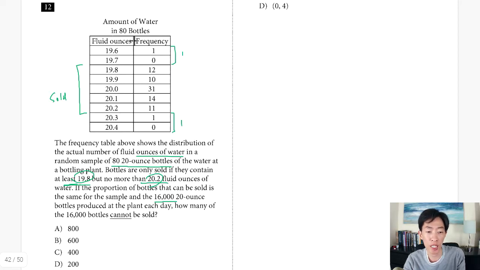This is a sample of 80, and they're basically saying the same proportion that cannot be sold in this sample is the same that cannot be sold in the 16,000. So really we just have to make a simple ratio. 2 bottles out of 80 cannot be sold. From here, how many bottles out of 16,000 cannot be sold? When you do that on your calculator, X turns out to be 400. A lot of words, but at the end of the day, it was really just a simple proportion.